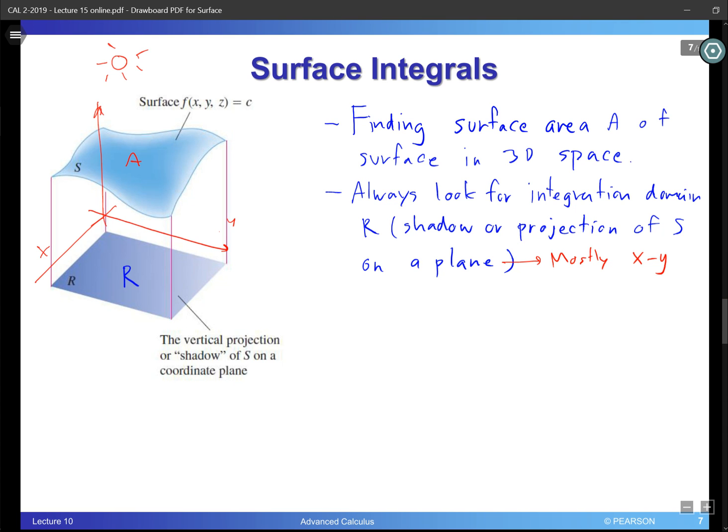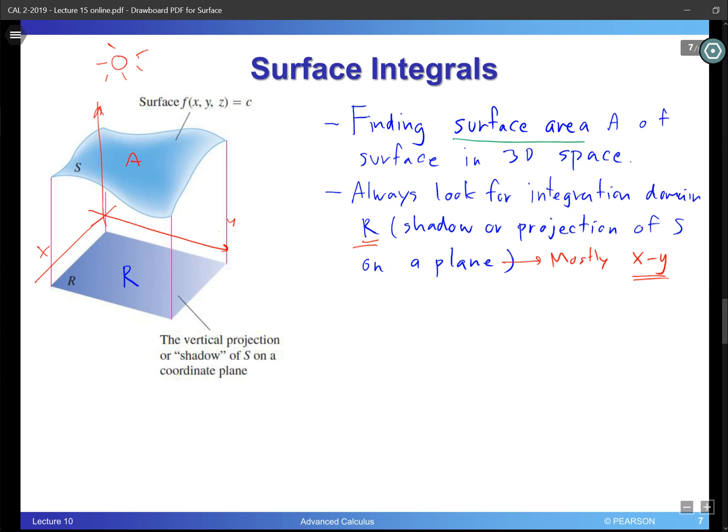We are going to run into this situation mostly. So keep this in mind: always look for R. This is important when it comes to the integration, and keep in mind that this R is usually on the XY plane.